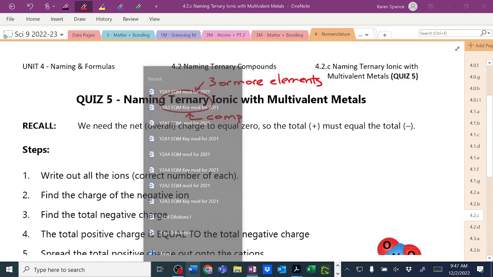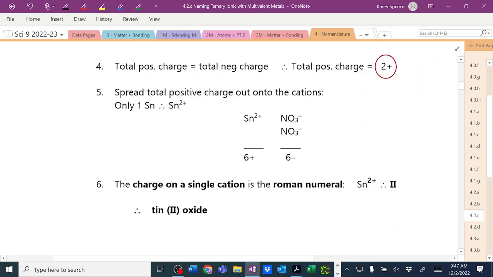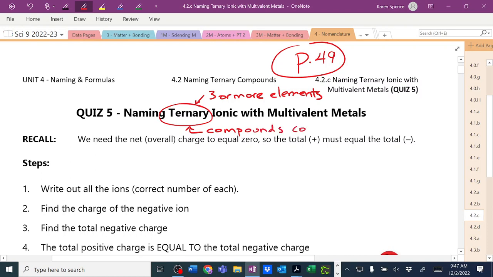This is on page 49. So this is for compounds containing polyatomic ions.